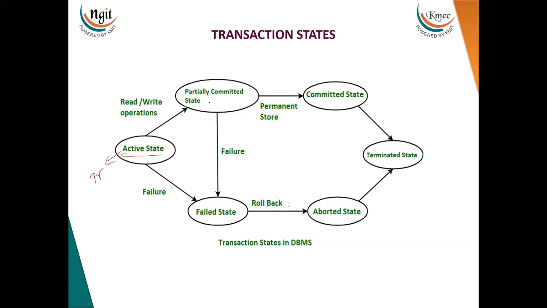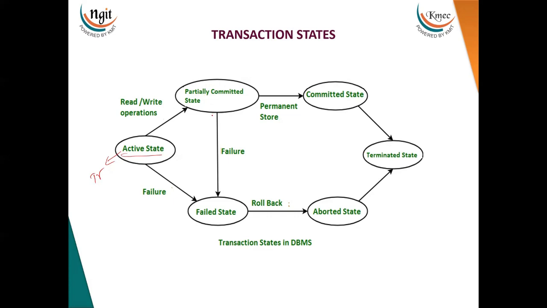Then the PIN number has to be internally verified whether it is valid or not. And then he has to check for the amount that is available in the account. And then he has to enter the amount which he wants to withdraw. All these are the several operations that the user has to perform. So when the user is making those operations, we say that the transaction is in a partially committed state.